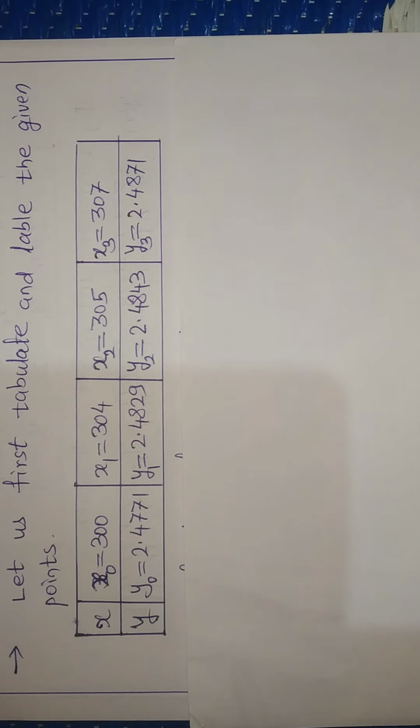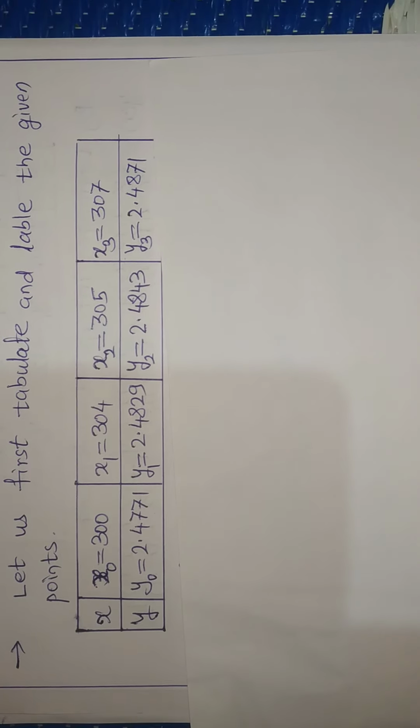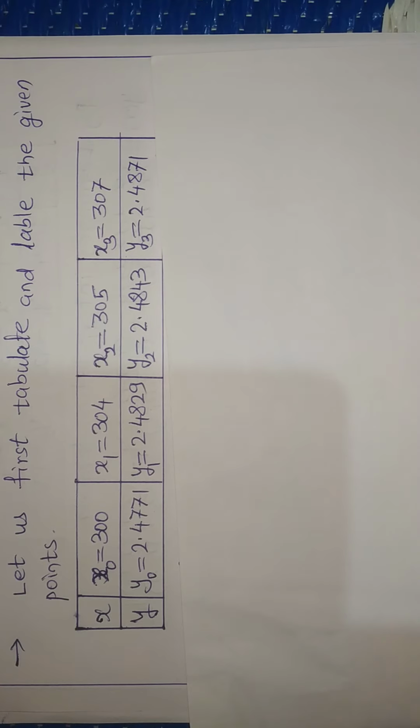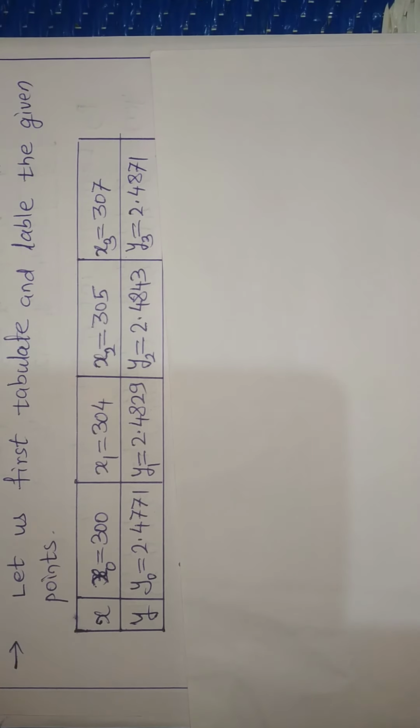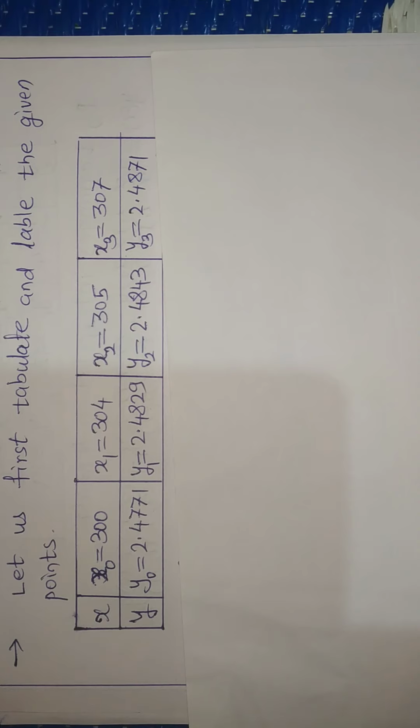Let us first tabulate and label the given points. Values of x are x0 equal to 300, x1 equal to 304, x2 equal to 305 and x3 is equal to 307.